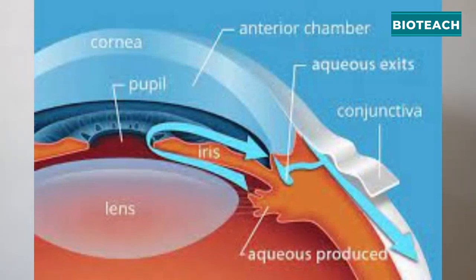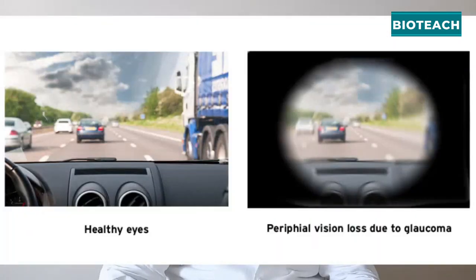If there is an obstruction in the trabecular meshwork, intraocular pressure will develop that ultimately results in optic nerve damage, which results in peripheral vision loss, and the condition is called glaucoma.